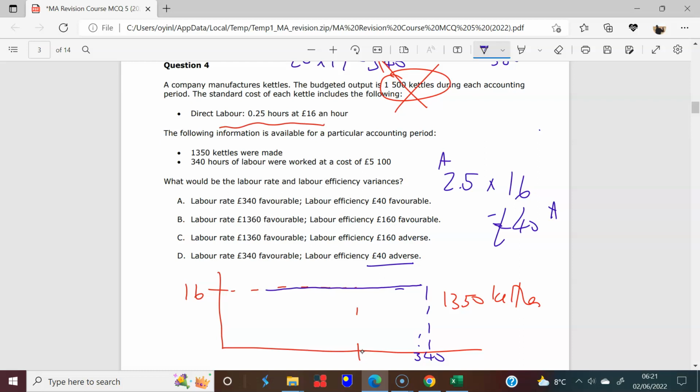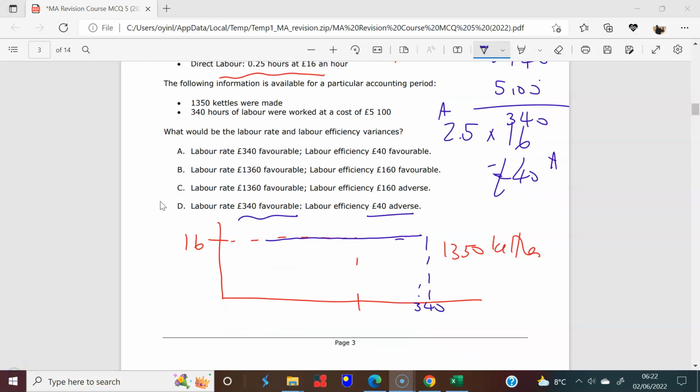That's what you should have spent on this. 16 times 340 takes us to 5,440. But you have spent 5,100, so that's favorable. You've spent less than you should have spent, and that takes you to 340. So that's how we get the 340 favorable. Okay, so the answer is D.